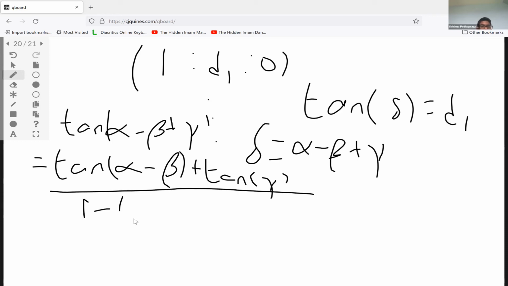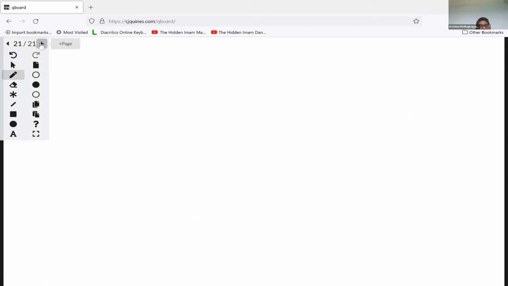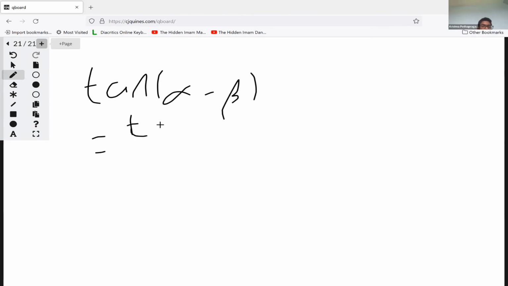Hopefully you get the idea at this stage of me writing this out. And then we can define, right? We have tangent of alpha minus beta.